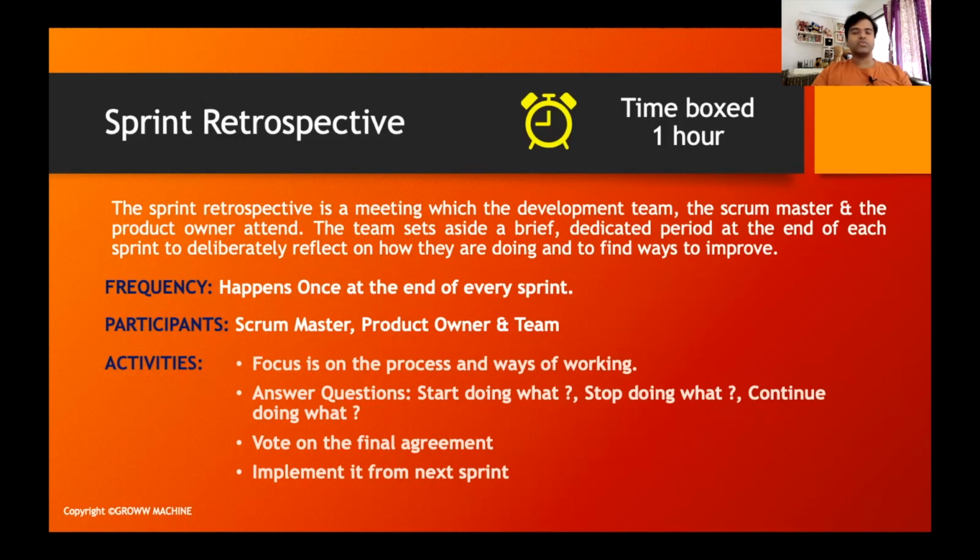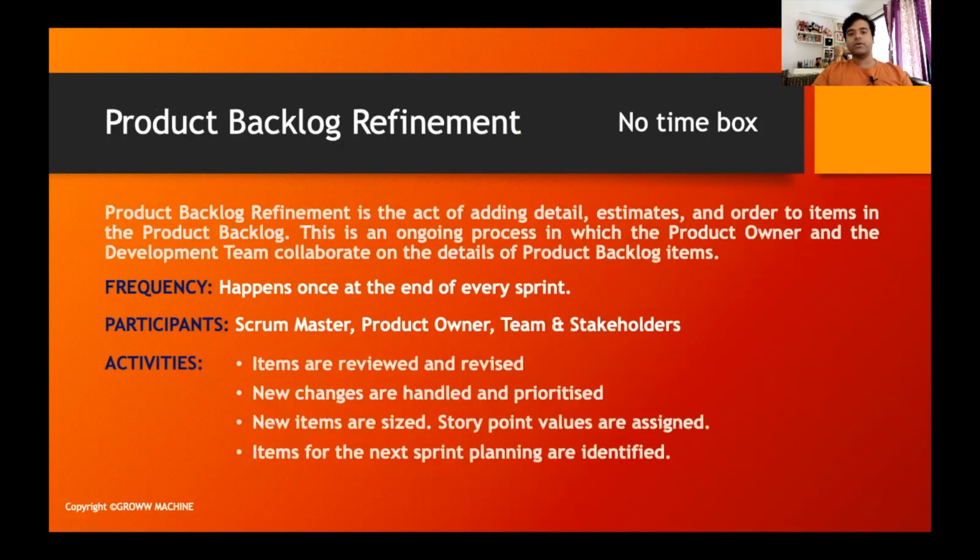It's not always as smooth as a simple requirement which is very clear. In the middle of the sprint as well, you need to take out some time to understand or assess how your backlog looks. And that is where the fifth ceremony comes in, which is product backlog refinement.